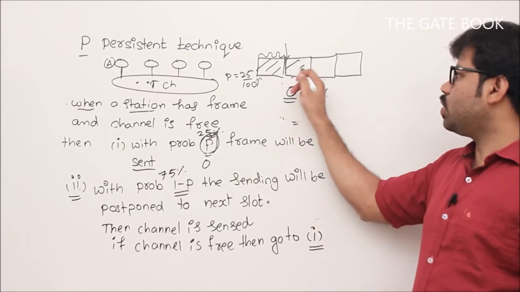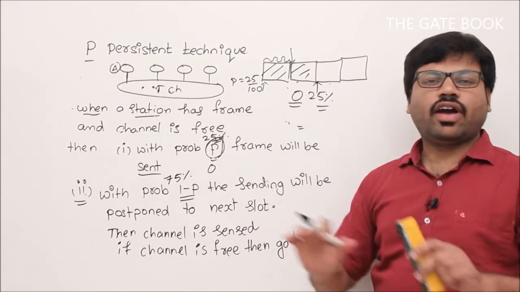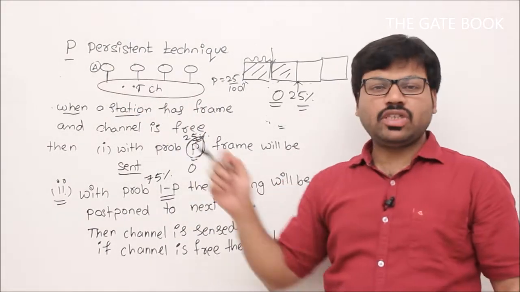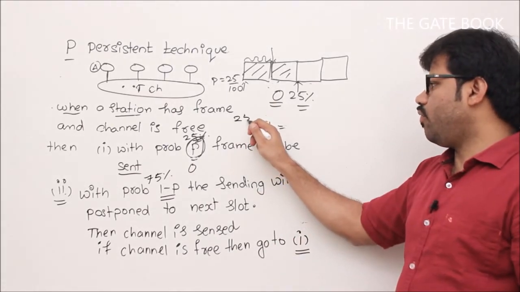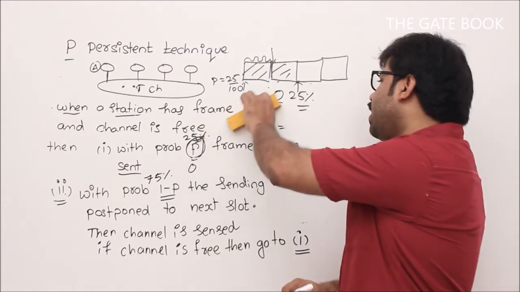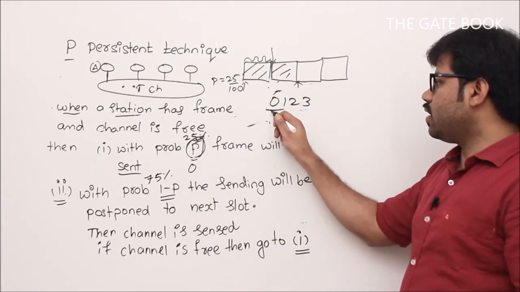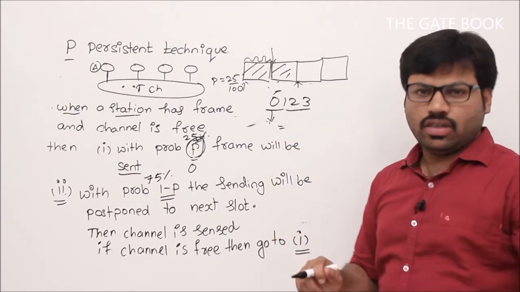Again we postpone to the next slot, and again we start sensing. So now the idea is very simple. Whenever you want to send your data with probability P, identify that value. If you want to send with 25% probability, then just generate a random number between 0, 1, 2, 3. 0 means success. 1, 2, 3 means failure. That means postpone your sending.